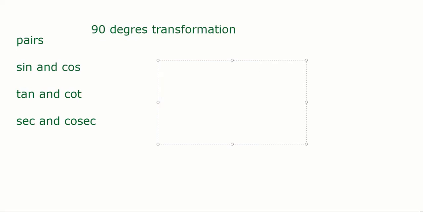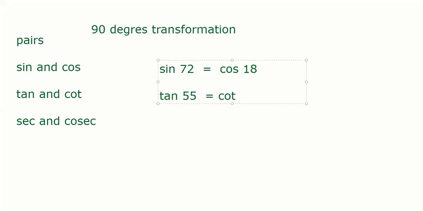So tell me guys, sin 72 means cos of what? Five questions quickly. Sin 72 will be what? Solve and tell me. Cos of 18. If I say tan of 55, then cot of what? Cot 35.